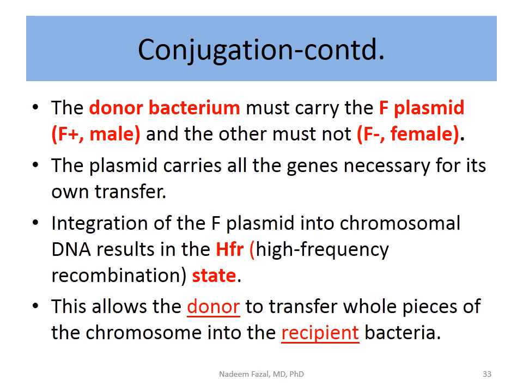So what happens is that the donor will transfer pieces of the chromosome into the recipient bacteria. That's the whole idea. And when this happens in terms of a particular plasmid, we call that a conjugative R factor.